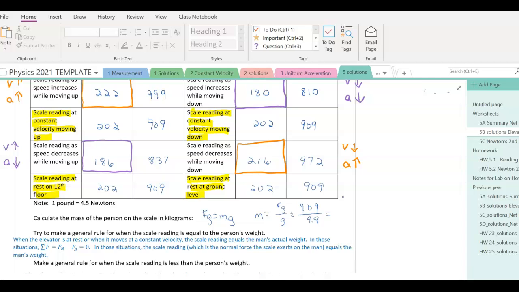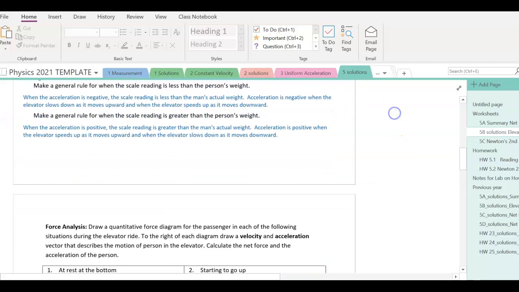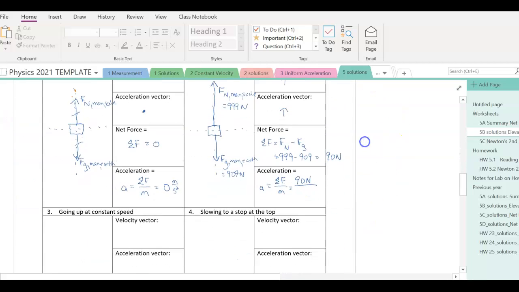So 909 divided by 9.8, his mass is 92.76 kilograms.